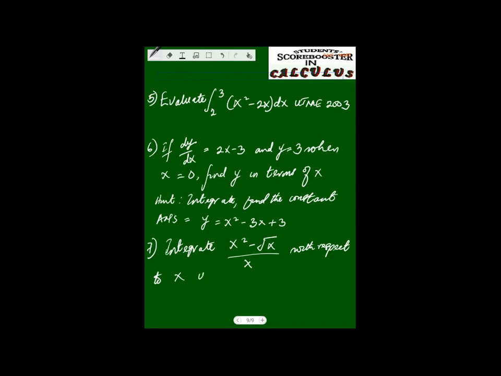This is UTME 2007, and the answer is s squared over 2 minus 2x plus k.